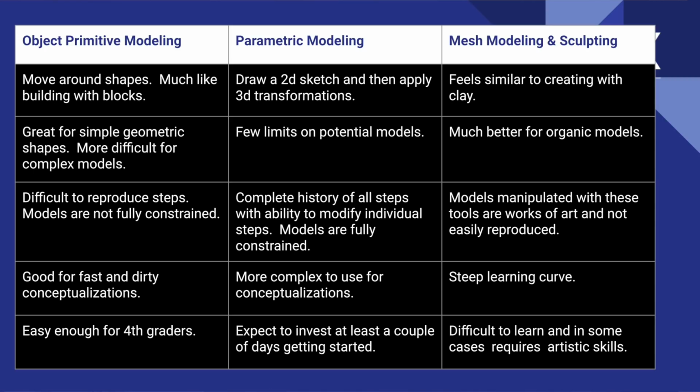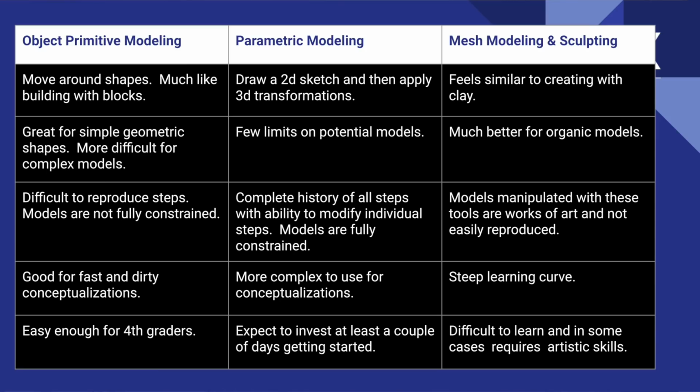Or it's hard to tell someone what all the steps were you took to build what you built with blocks. It's very good for fast prototypes. It's very, very easy to use. In fact, it's taught in a lot of schools. Specifically, we're going to look at Tinkercad as an example of this technology.